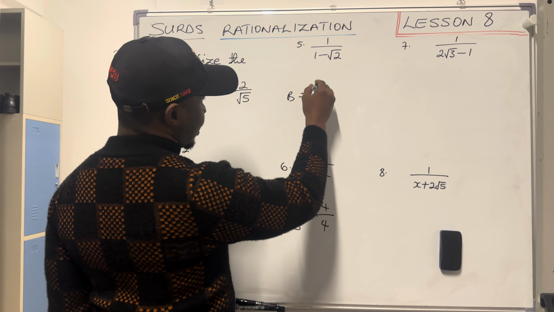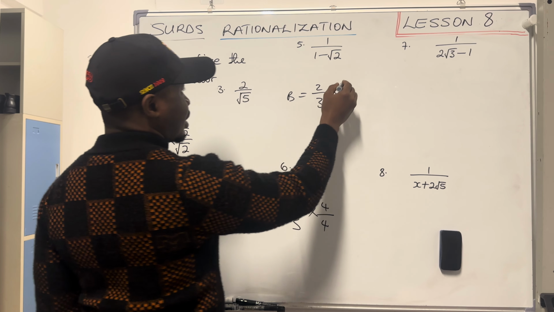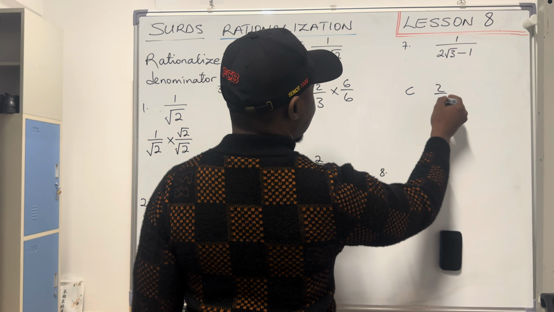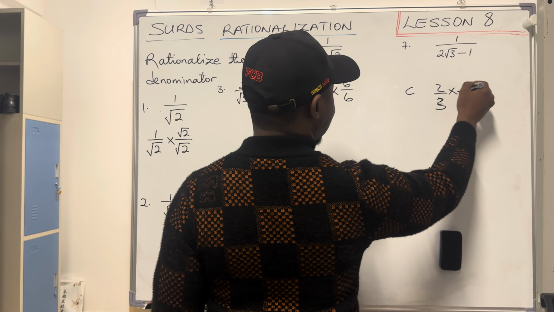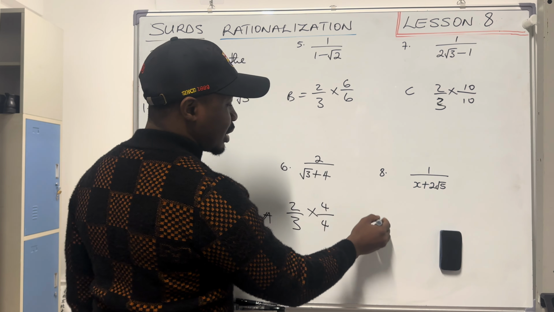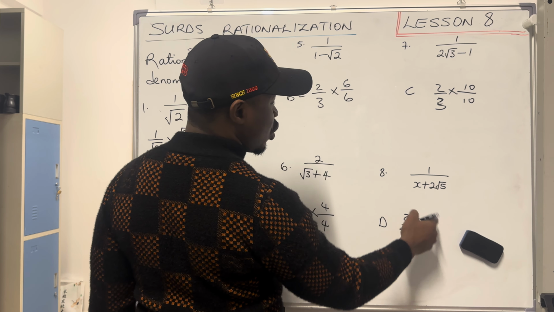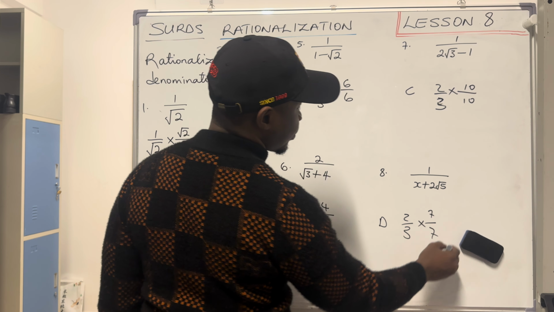Student B will say, let me multiply both the numerator and denominator by 6. Student C will say, let me multiply both by 10. Student D will say, let me multiply both by, let's say, 7.